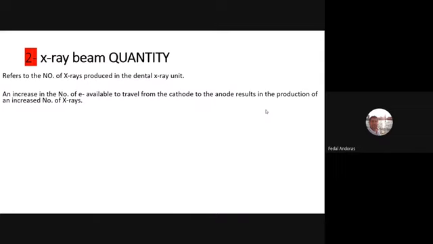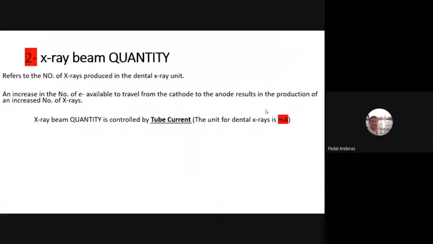It's related proportionally. Increasing the number of electrons available from the cathode will produce more X-rays. This quantity is controlled by tube current.